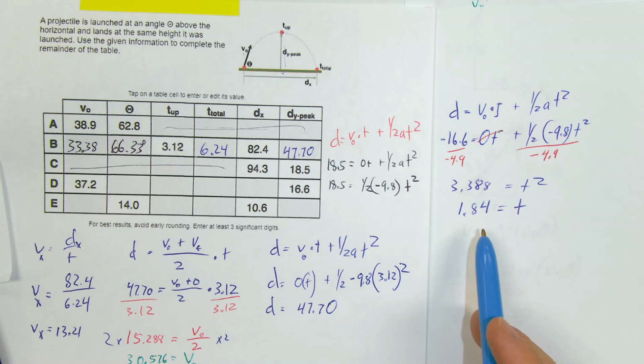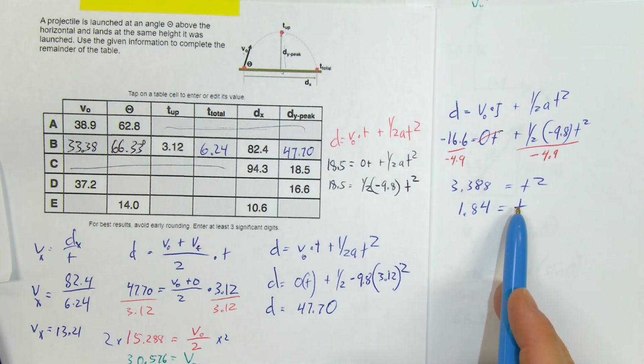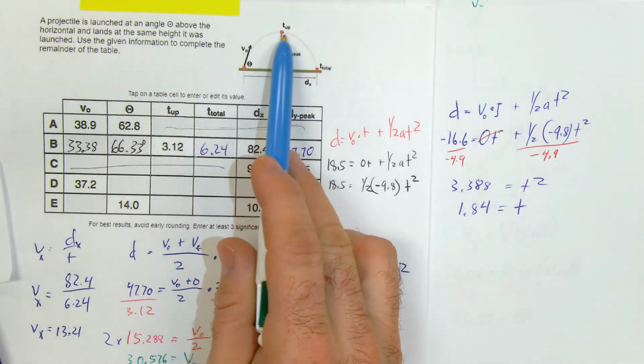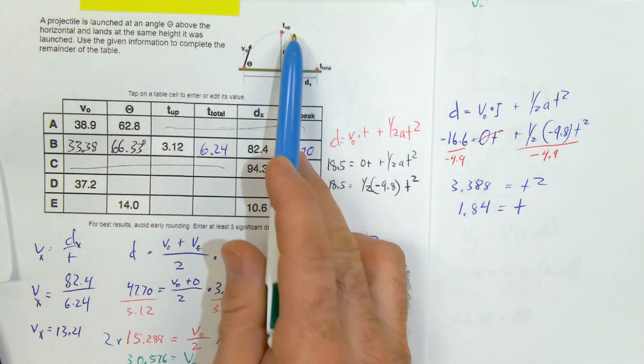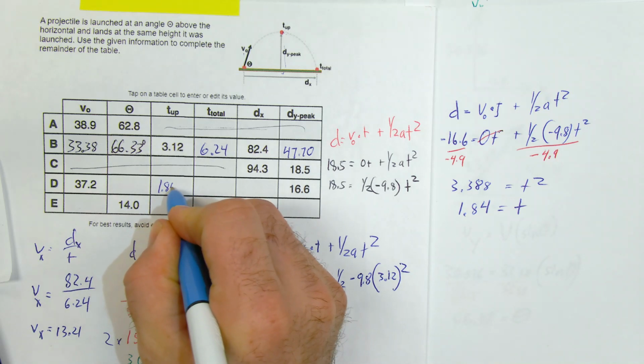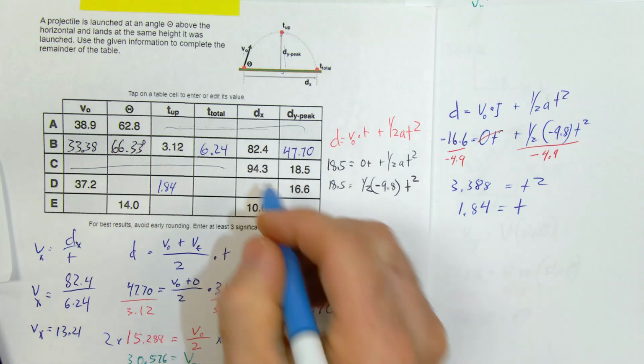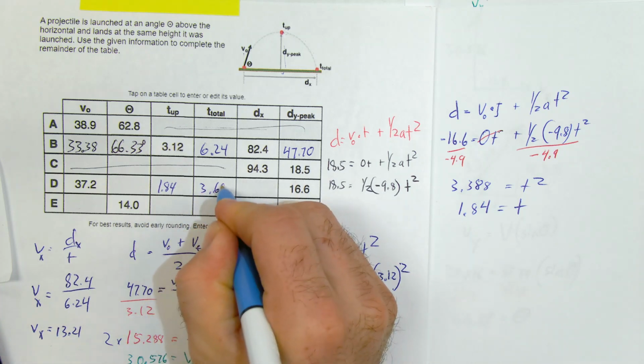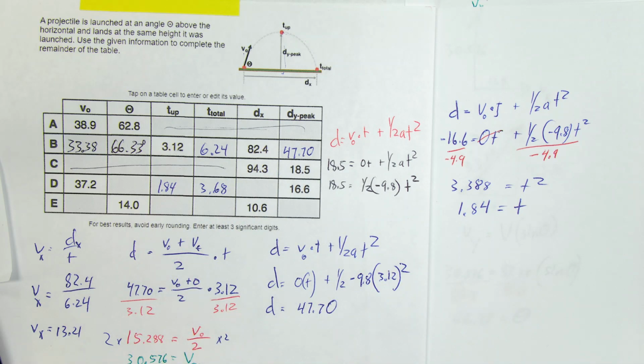So time is going to be 1.84. Once again, this time would represent the half time, which is the time to up, so that we would put 1.84 there. And 3.68 there.